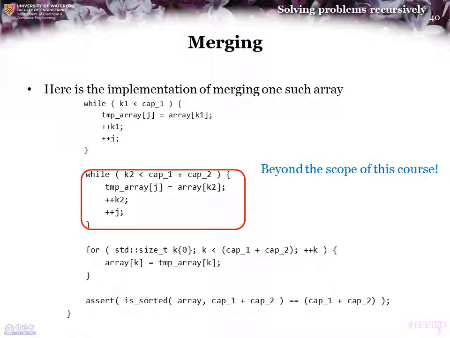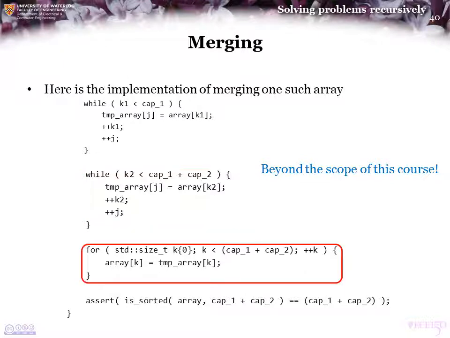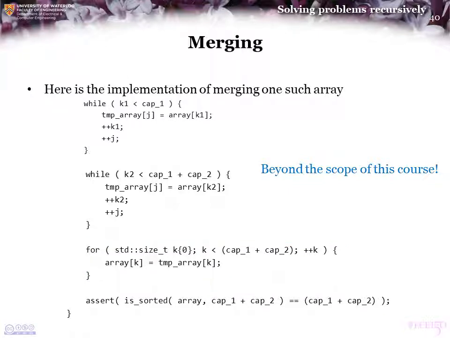Having done so, we now have a sorted temporary array, and so we will copy all of the entries back to the array starting at 0 and going up until cap1 plus cap2 minus 1. Alright, and if we wanted to check to make sure, we could assert that the array of capacity cap1 plus cap2 is indeed sorted.